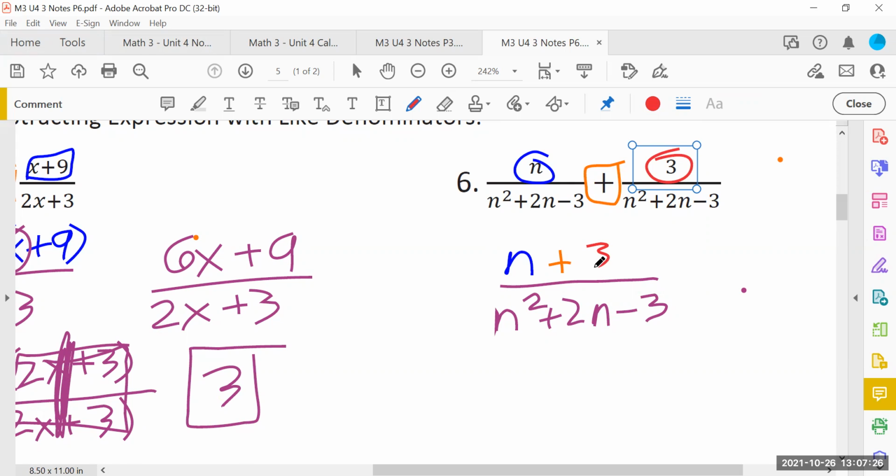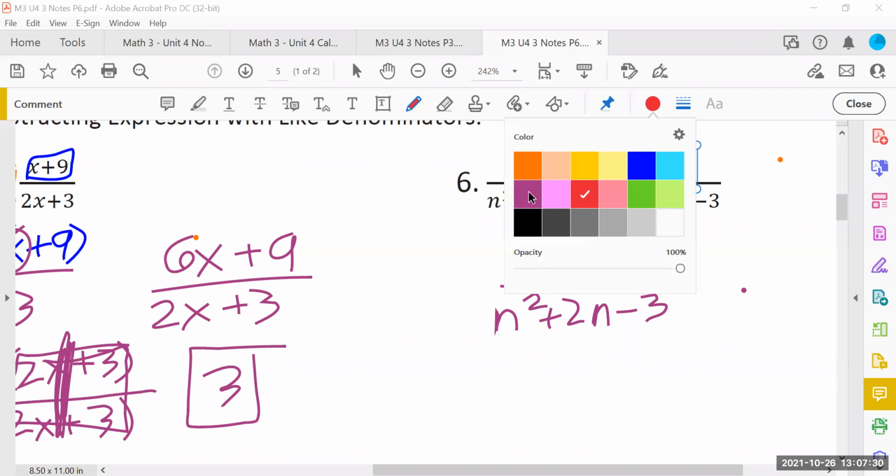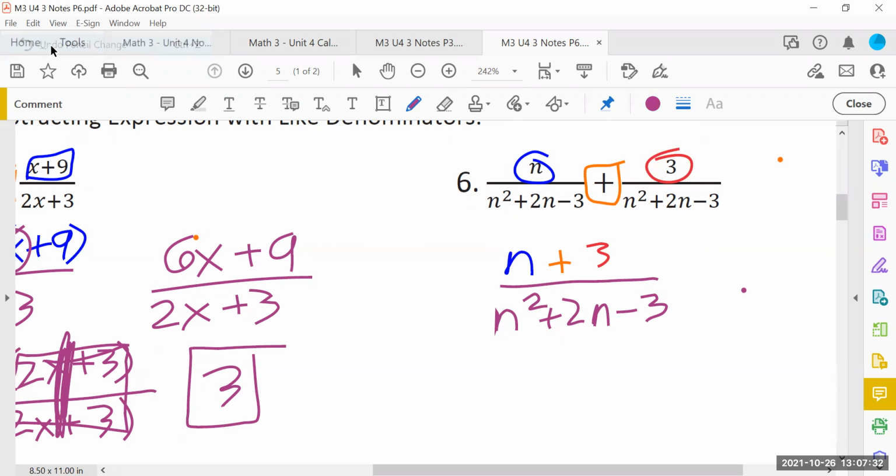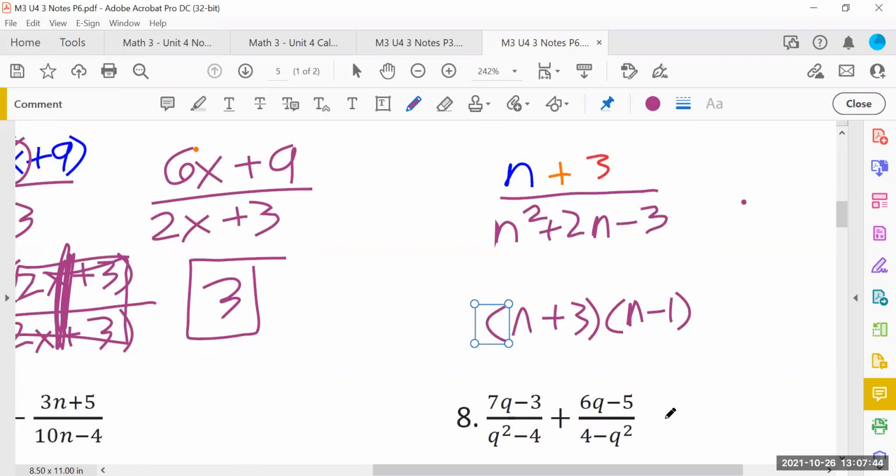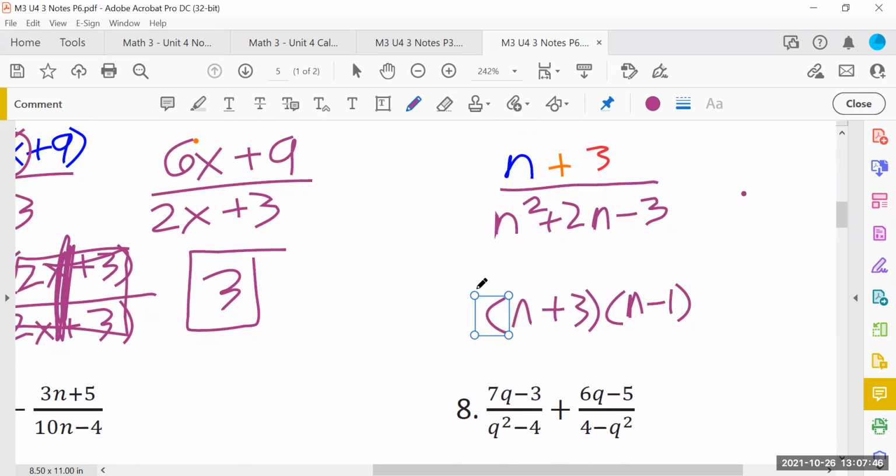So if I factor it, n squared plus 2n minus 3 would factor into n plus 3 times n minus 1. Right, that multiplies to -3 and adds up to 2. I'm looking for what multiplies to -3, adds to 2: 3 and -1. The top is still just n plus 3.